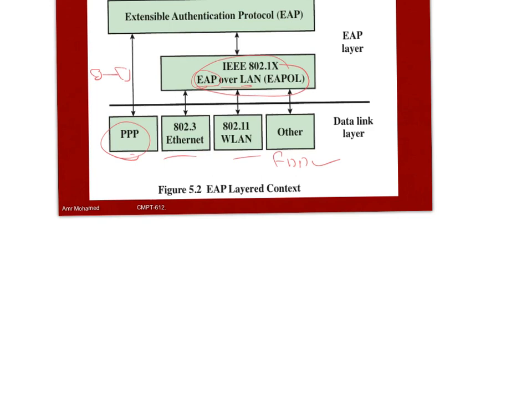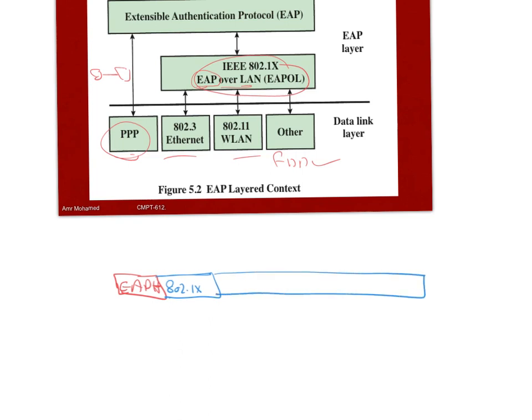So first, you have the EAP header. Okay, this EAP header will have to encapsulate the incoming message. This message, if it's sent over LANs, then we have another 802.1x header, right? And then you have the actual message.